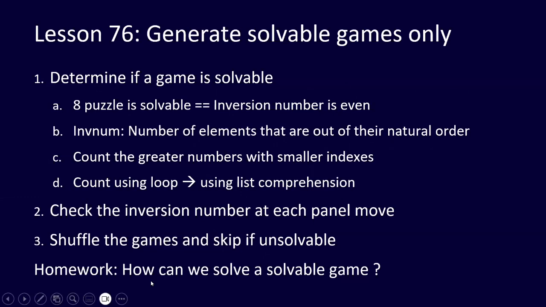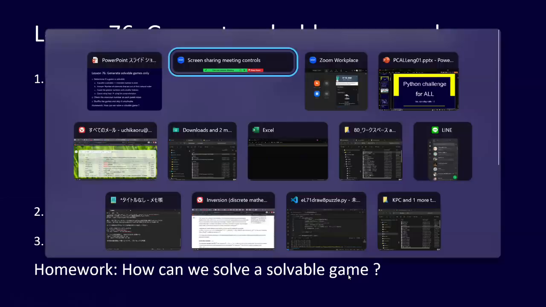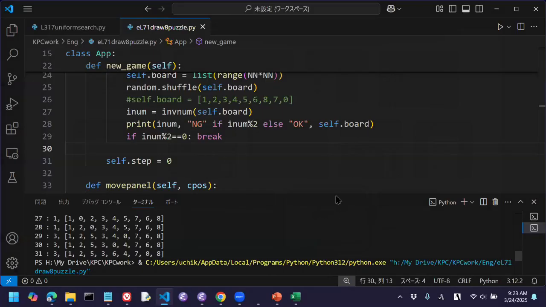Today's topic is how we can solve a solvable game. Let's quickly go back to the code and see if what we did was correct.